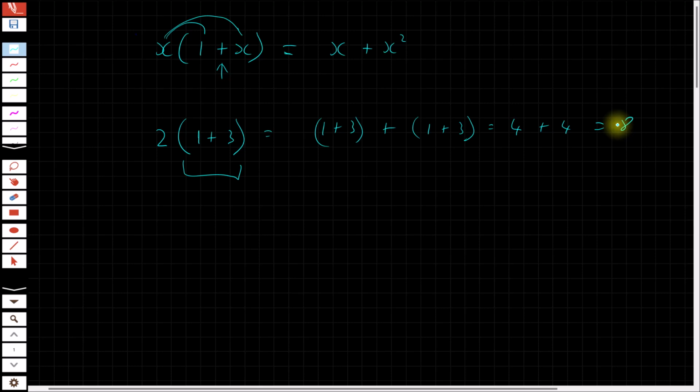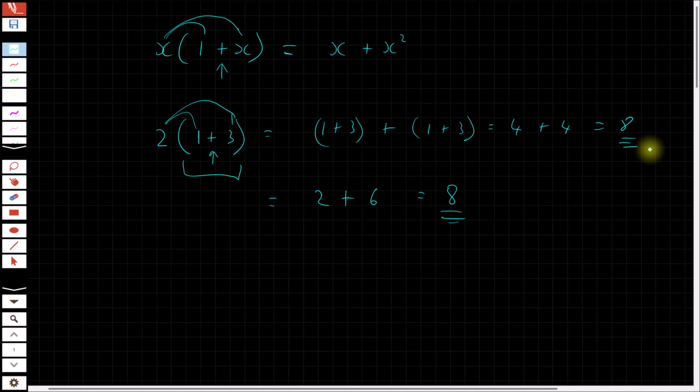But let's take a look at it using the distributive property. So 2 times 1 is 2, and 2 times 3 is 6, positive 6, because we have a positive there. So 2 plus 6 is 8. So we got the exact same answer going either way.